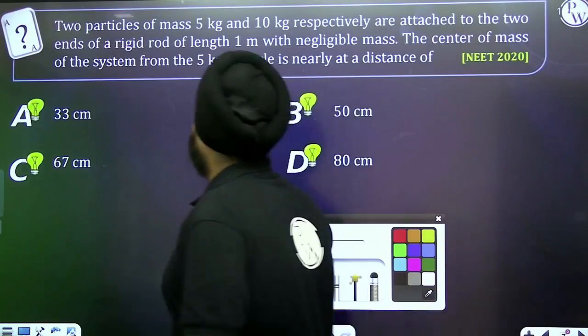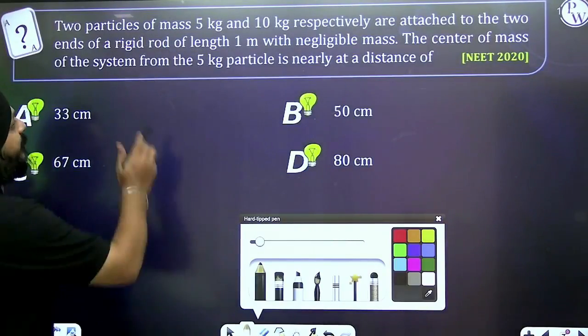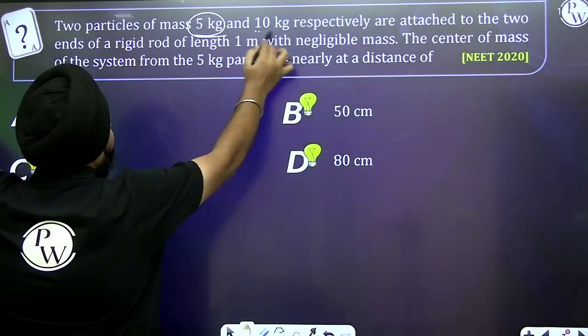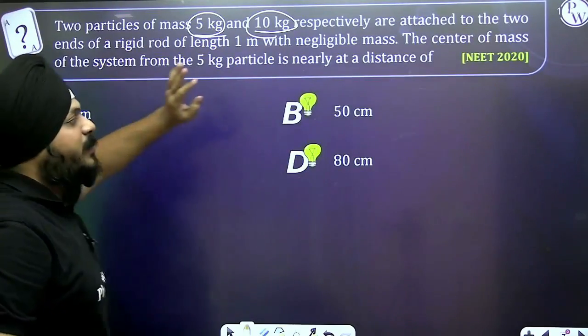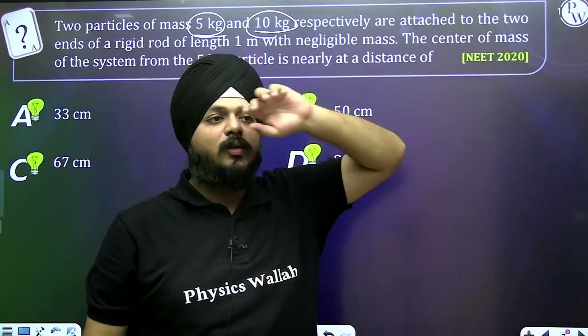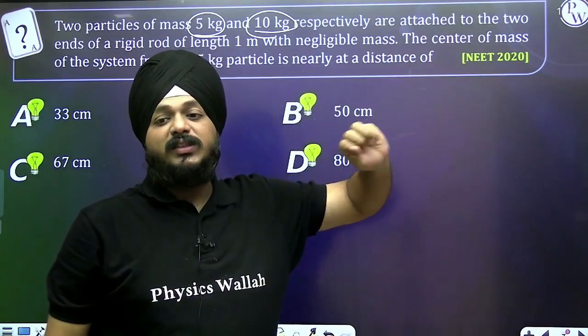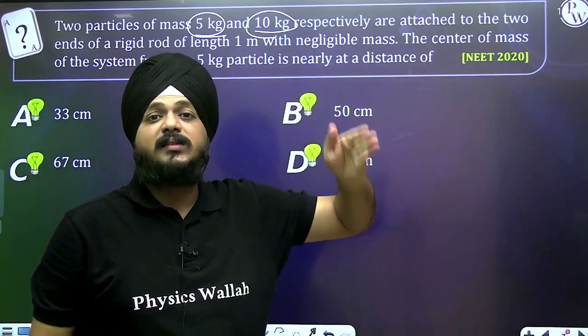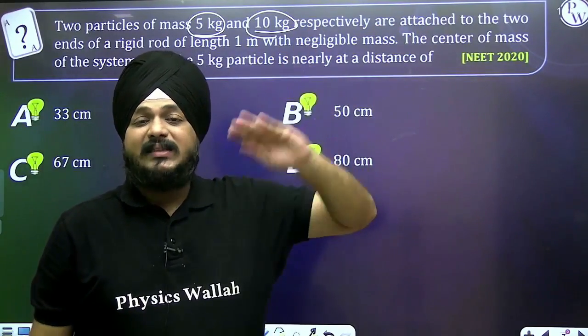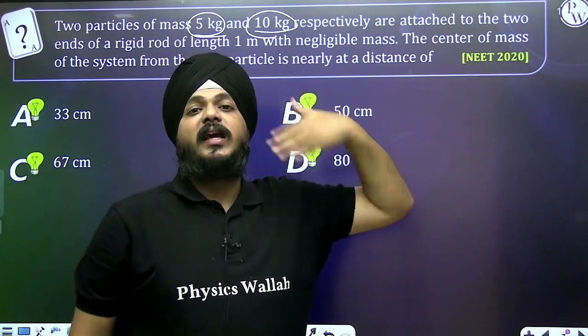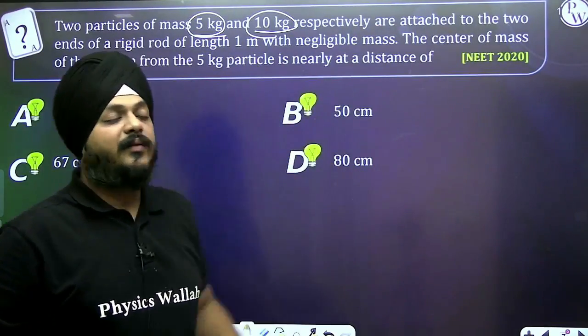There are some PYQs also, and some nice sums based on the formulas of the center of mass of discrete particles. Then we will move on to the continuous bodies, the combined bodies, and bodies with cavities.